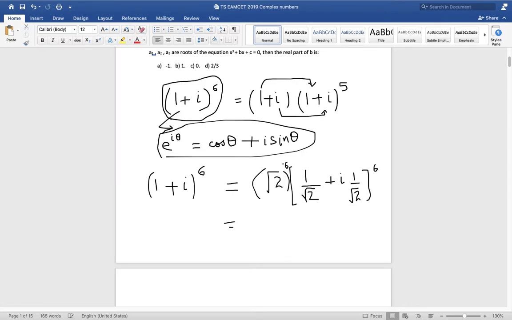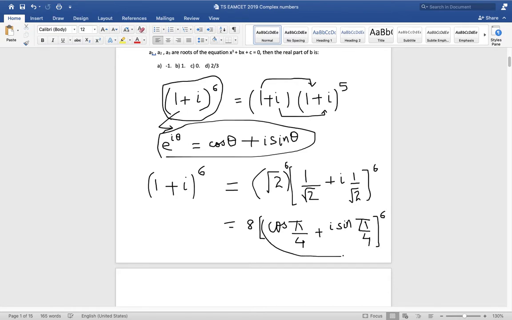So square root of 2 raised to the power 6 is 2 raised to the power 3, or 8. 1 by square root of 2 is what? Cos pi by 4. 1 by square root of 2 is also sin pi by 4, raised to the power 6.